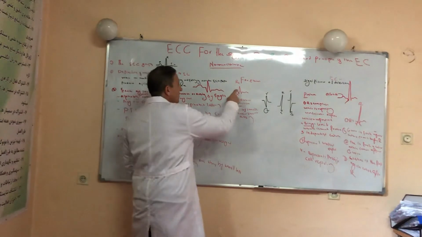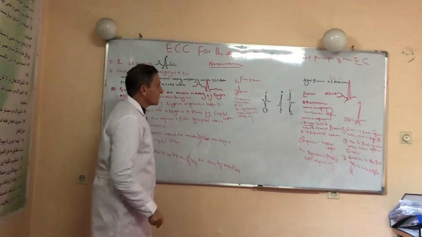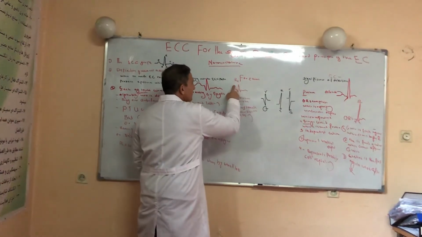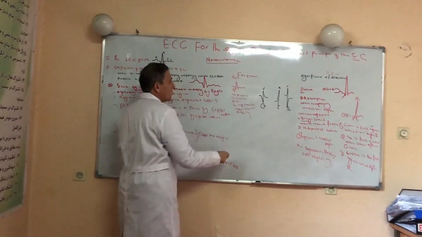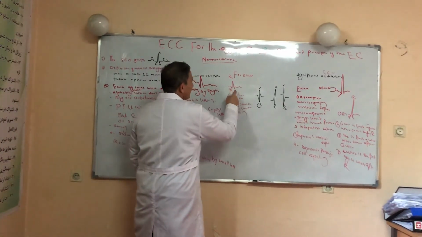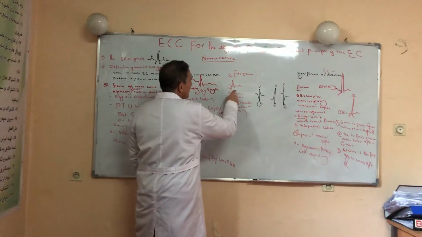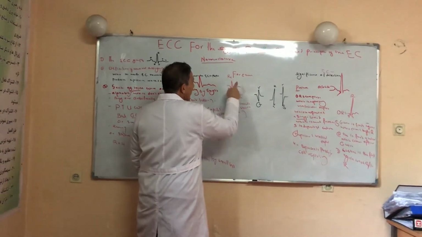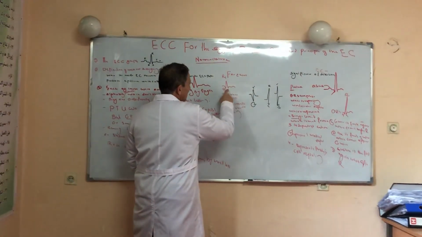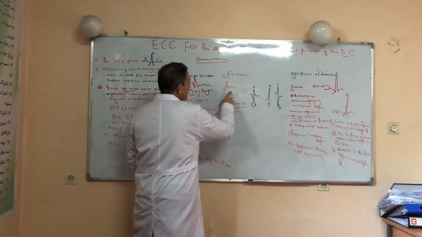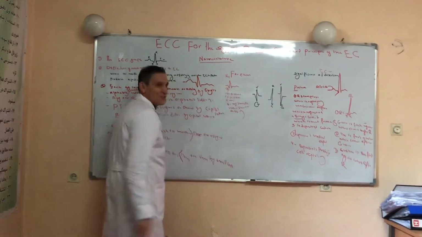If the wave is larger than the S wave, or more than 5 millimeters, it is shown by a capital letter. This is shown by capital R. And the S wave is also smaller than the R wave.